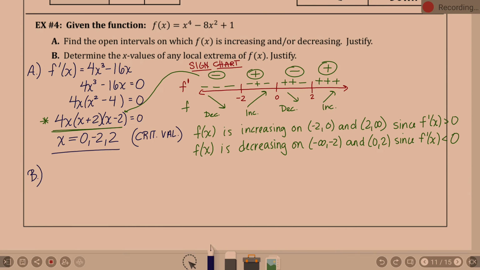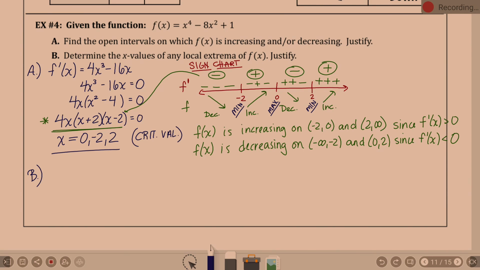What is negative 2? A min. Absolute min? Well, min. We don't know, it's just relative or local. What's 0? Max. What's 2? Min. Are you with us as to why? Yep. Because we have to justify.